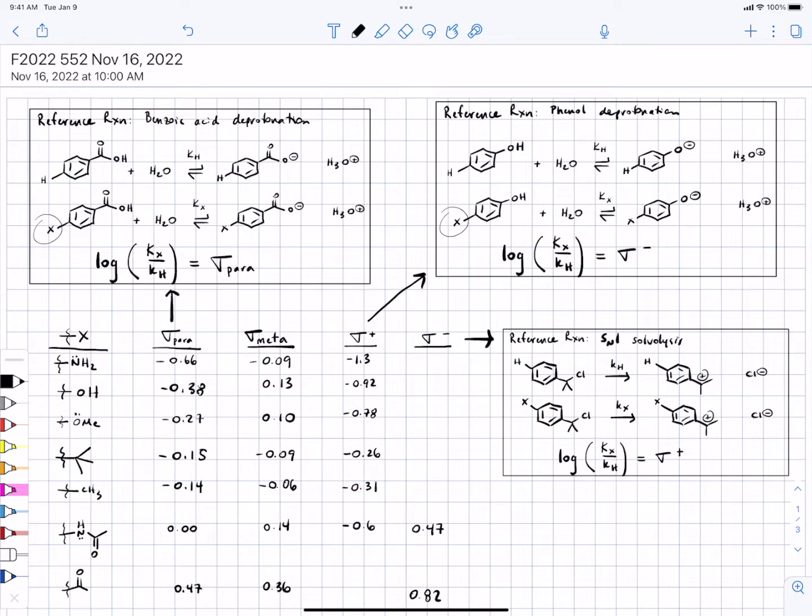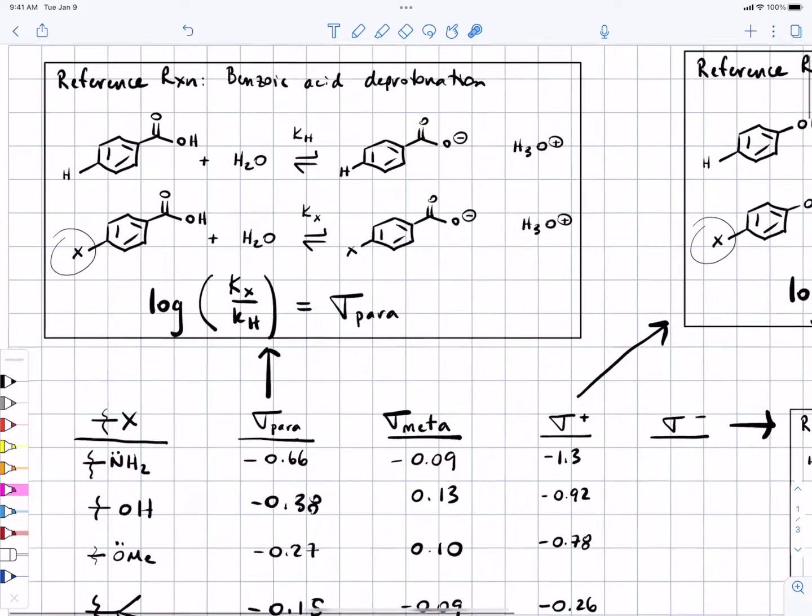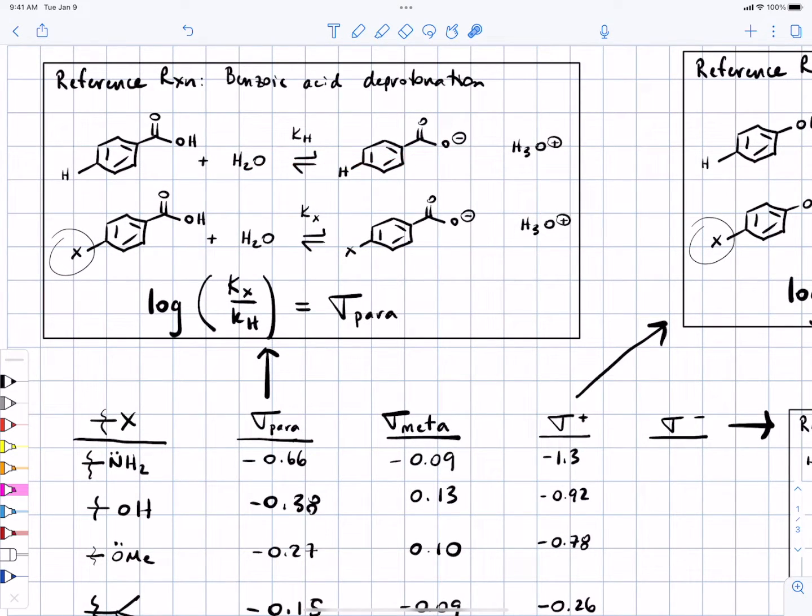So, just real briefly on linear free energy relationships, this is one thing you can do to interrogate reaction mechanisms by reference to other reactions, as we talked about. For these sigma para values, it's derived from benzoic acid deprotonation equilibrium constants.